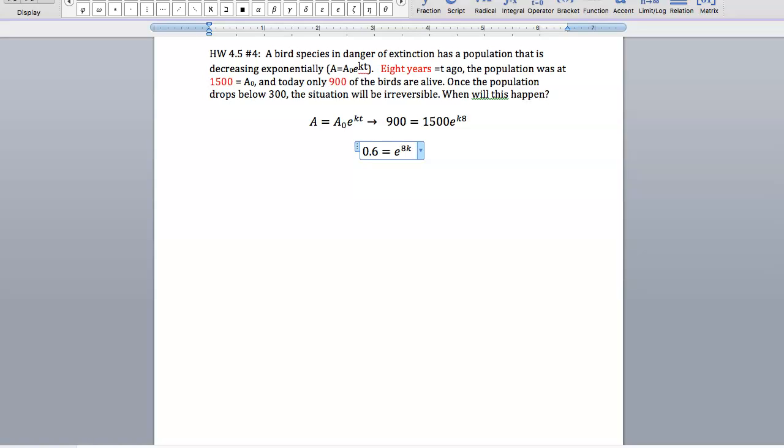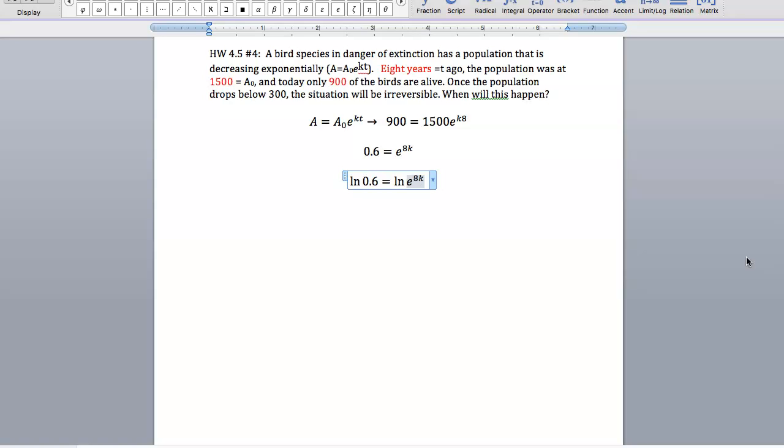Next thing, as we've seen before, the thing I'm trying to solve for is in the exponent, so I'm going to need to use the inverse of an exponential function, which is a logarithmic function, to get it down from up there. I'm going to choose a natural log, base e, because I have the e in there. So on the left, natural log of 0.6, and then natural log of e to the 8 times k.